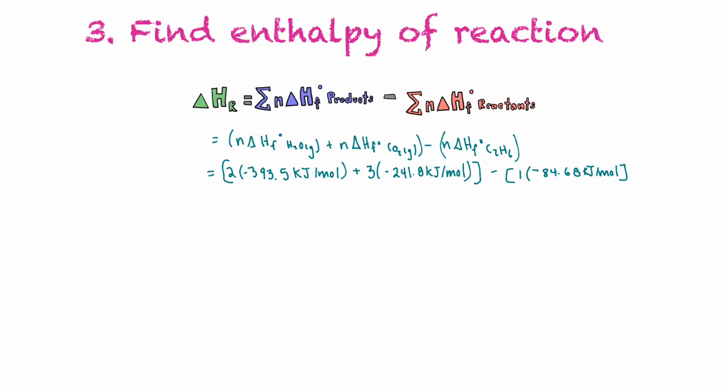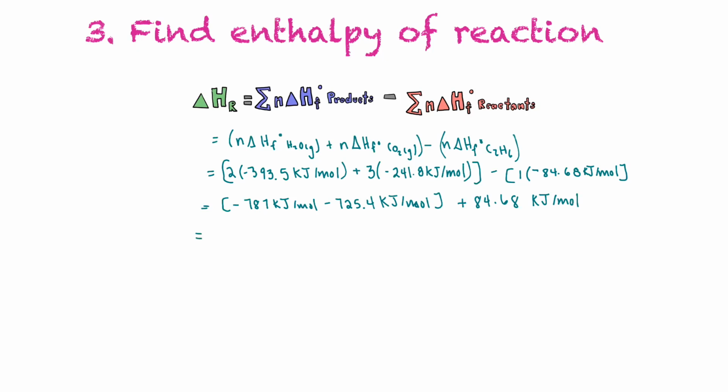So that's equal to negative 787 kilojoules per mole, minus 725.4 kilojoules per mole, minus negative 84.68, so plus 84.68 kilojoules per mole.